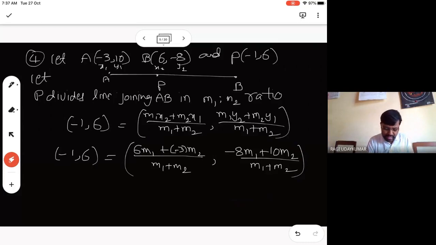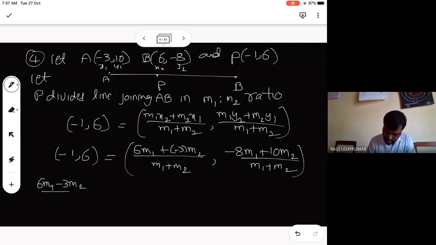So two points are equal means their corresponding coordinates are equal. So I am making this one equal to this one first. If you want, you can take the second coordinate, the y coordinate, also equal. So what do you get here? 6M1 minus 3M2 by M1 plus M2 is equal to minus 1.